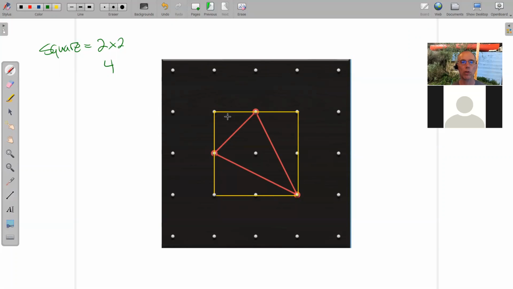So this first triangle right here is 1 by 1. So its area would be 1/2 of 1 times 1. Half of 1 is 1/2. So that first one has an area of 1/2 I need to get rid of. So let's just make a note of that inside here.